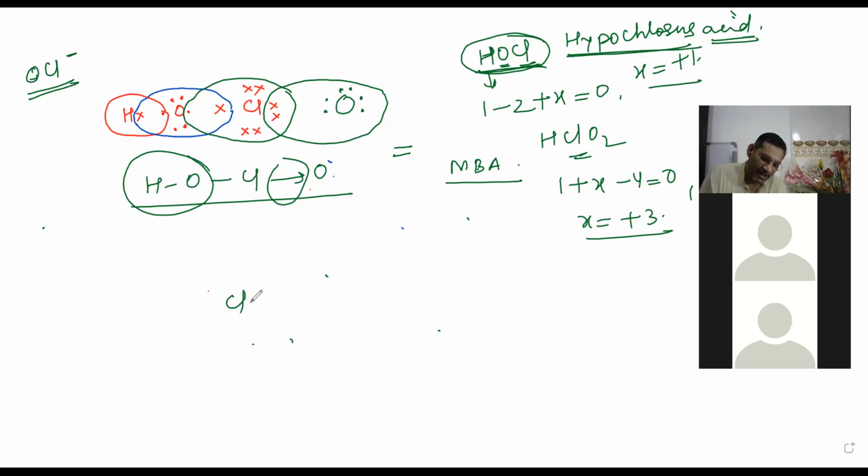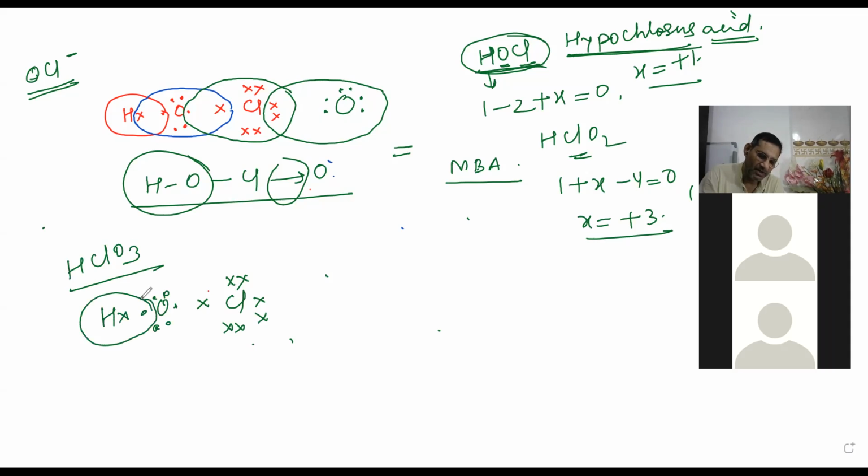Now see, HClO3. Next is HClO3. See, 1 O, 1 H, this is paired. Now this will also get completely filled or paired electrons. Fine. What about Cl?